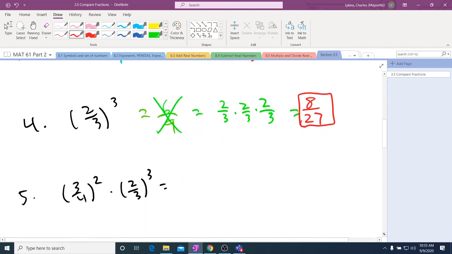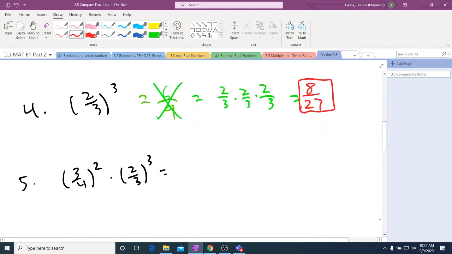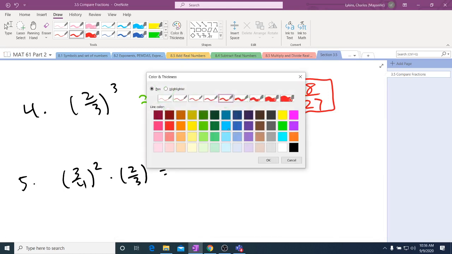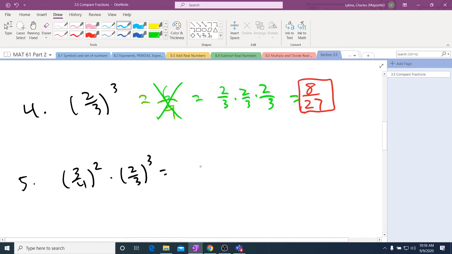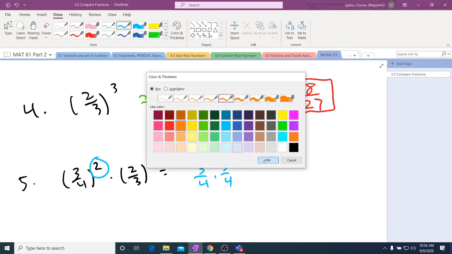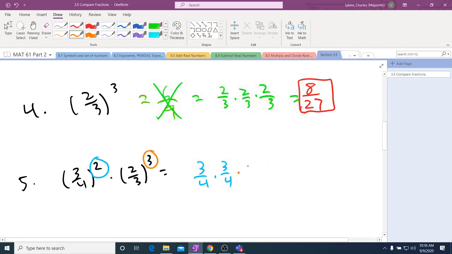Now we can throw out some exponents with order of operations. But the key to this is understand, okay, 3/4 squared, that's 3/4 times 3/4 because I've got 2 of them. And then I've also got 2/3 cubed, which is 2/3 times 2/3 times 2/3.